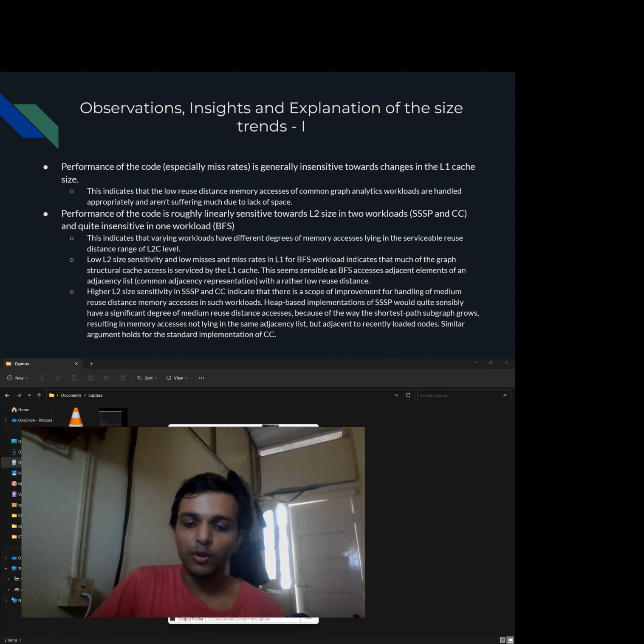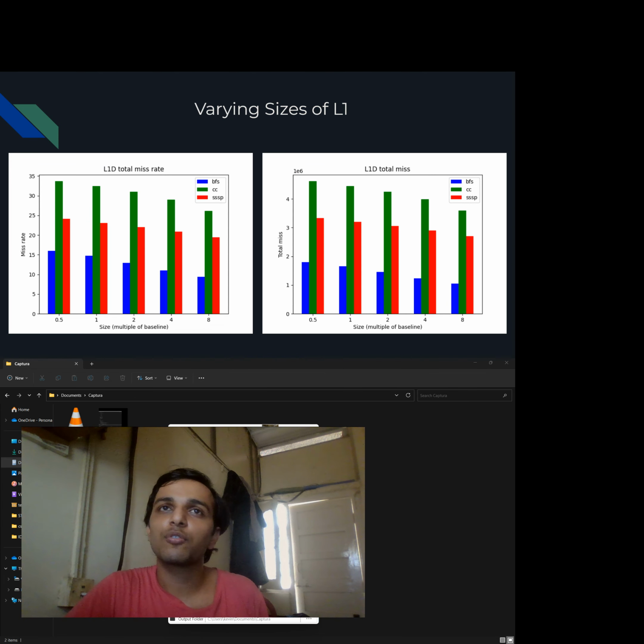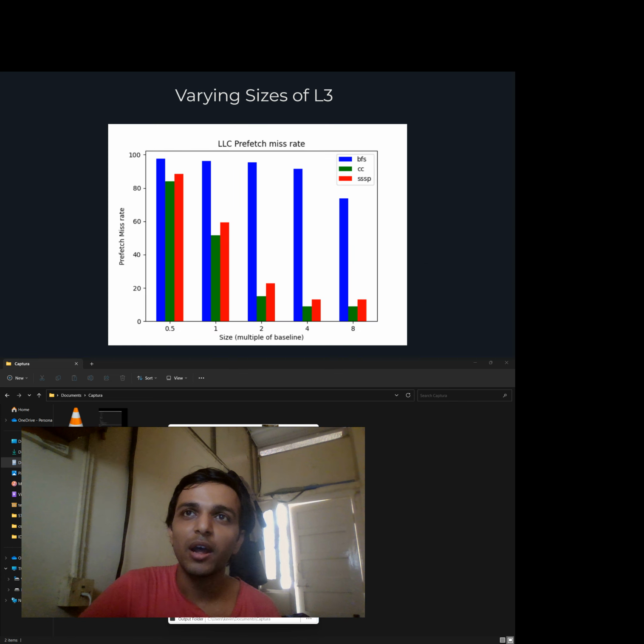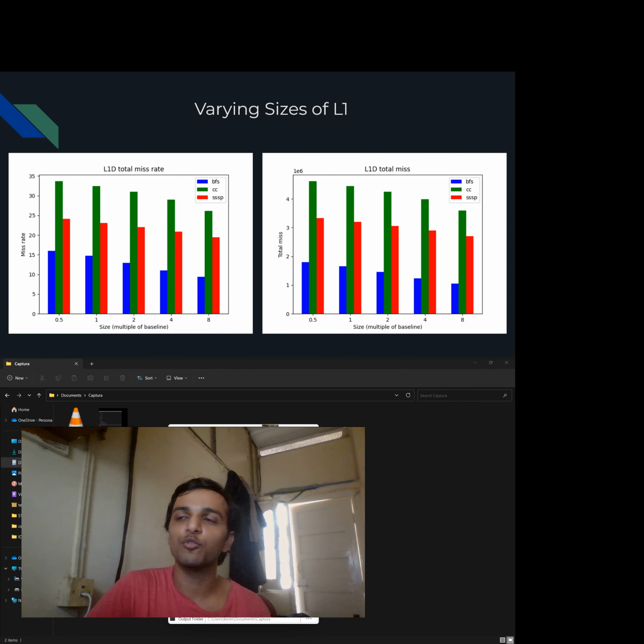As you could see in the plots for L1, the plots were very insensitive towards the size of the L1 cache. This shows that most of the L1 serviceable memory accesses are already handled well enough, and there is not much room for improvement here.